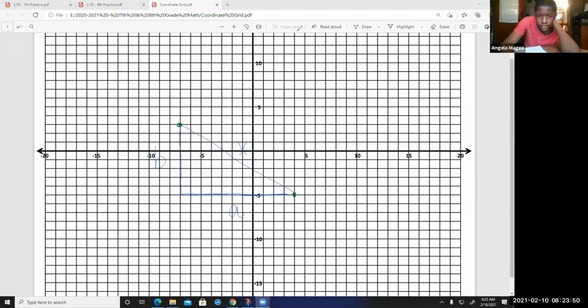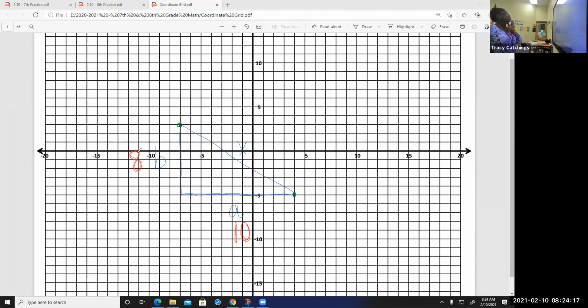10. All right. How many units do we have for B? 8. All right, so now that we have our 2 values for A and B, now what are we going to do? Put it in the equation.